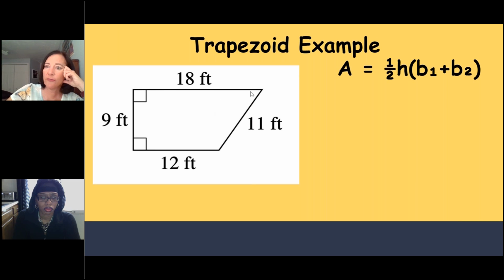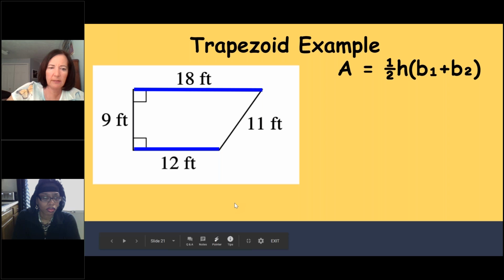In the formula, they tell us to add the two bases, so 18 plus 12, which would be 30, and then divide that by 2 to find the halfway point. So what would 30 divided by 2 be, Lana? 15. 15, yeah.